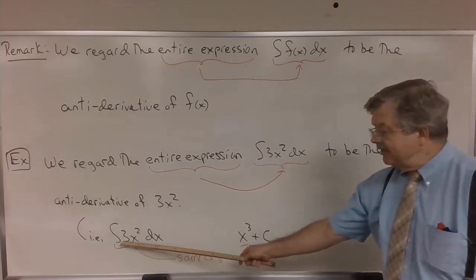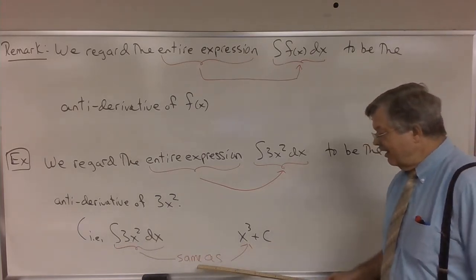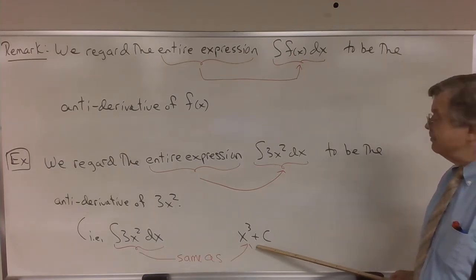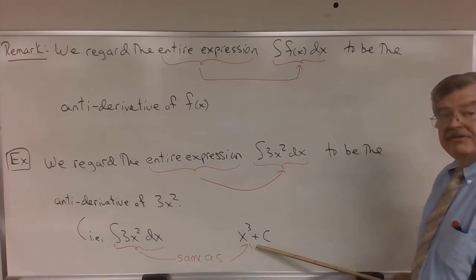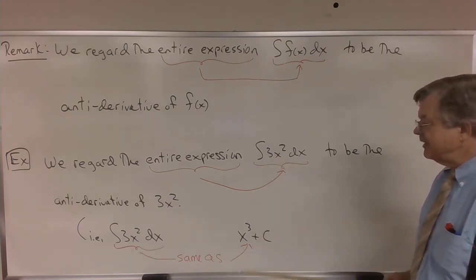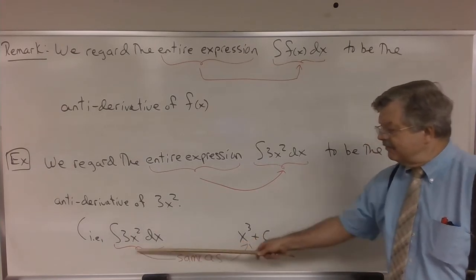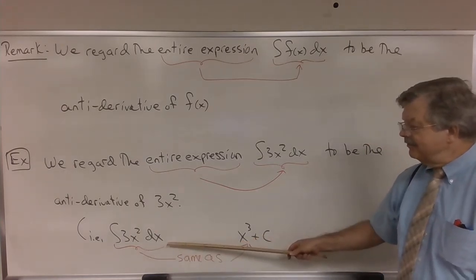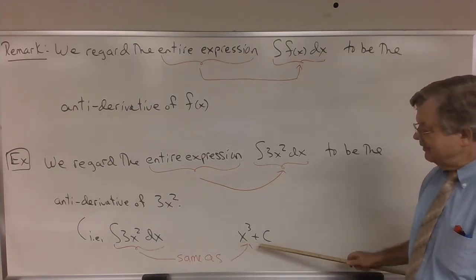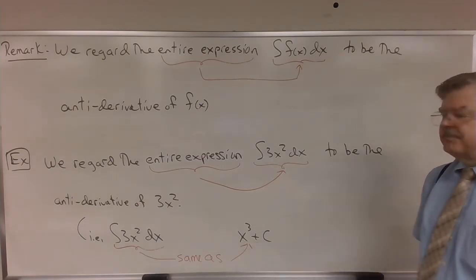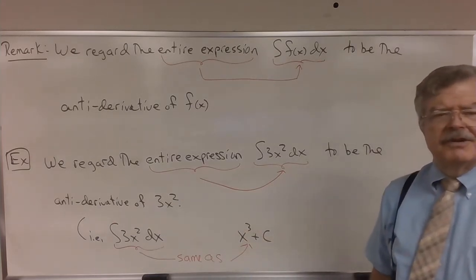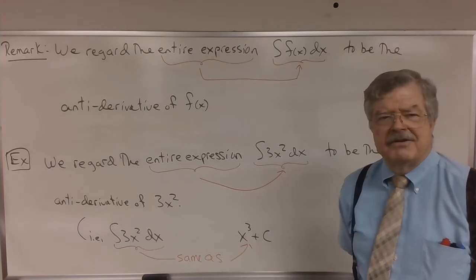So this entire expression in our mind is the same as x cubed plus c. Remember, x cubed was one of the antiderivatives of 3x squared. I'm stressing that because we're about to consider some rules for antiderivatives.